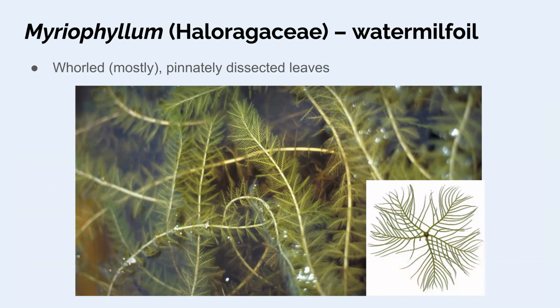Okay, next genus over. This one has some economic importance as it contains a couple of really notorious invasive species. These are the water milfoils, and the scientific name for the genus is Myriophyllum, and that actually translates to basically thousands, myrio, a whole bunch of leaves.